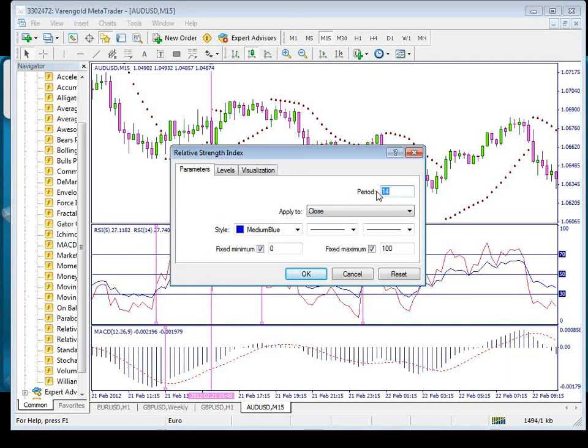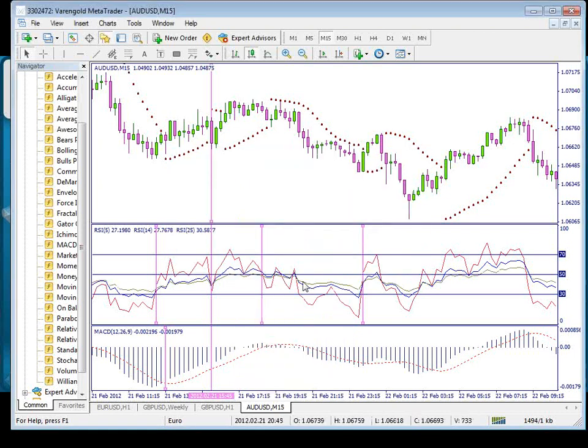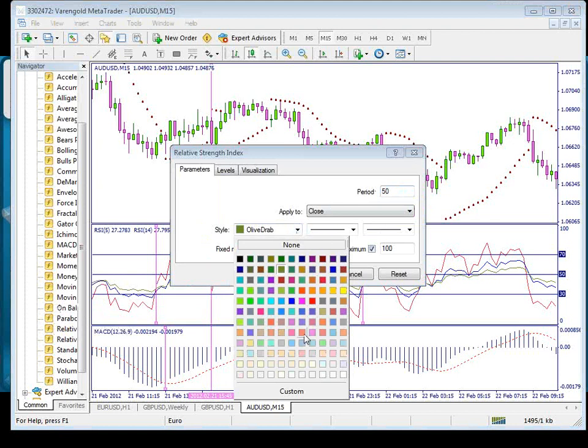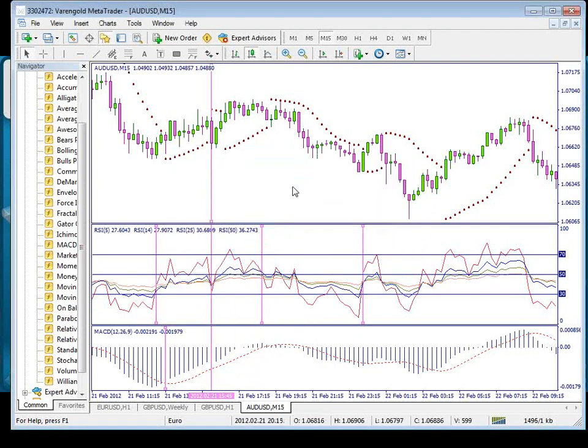Let's put here 25, and put a green. You can play with those indicators if you are not happy with them. You can make a rainbow or something like this.